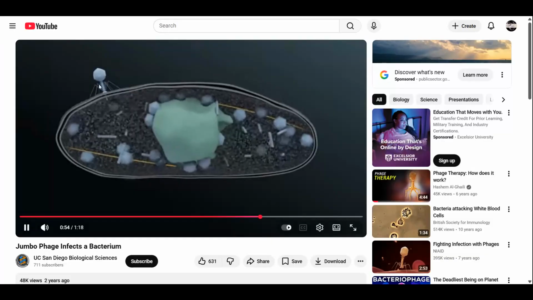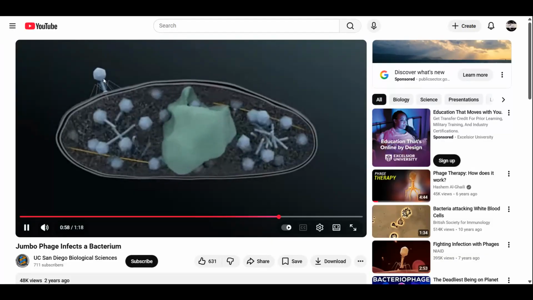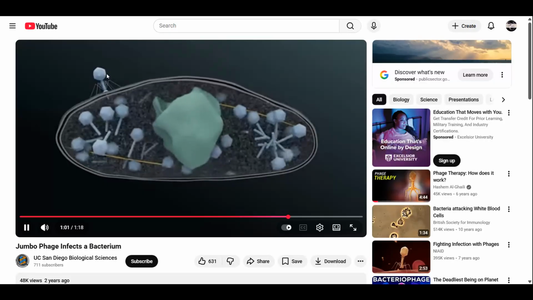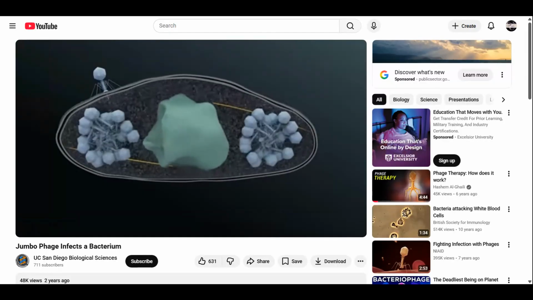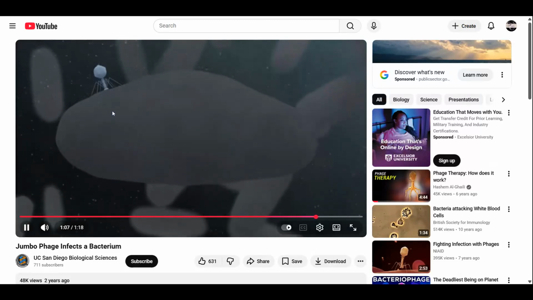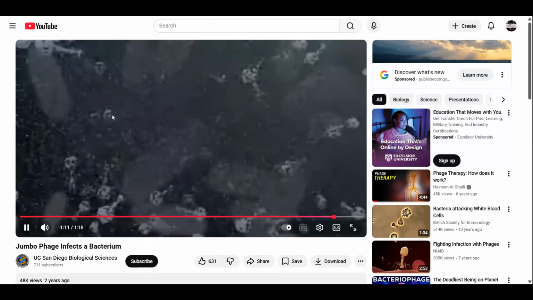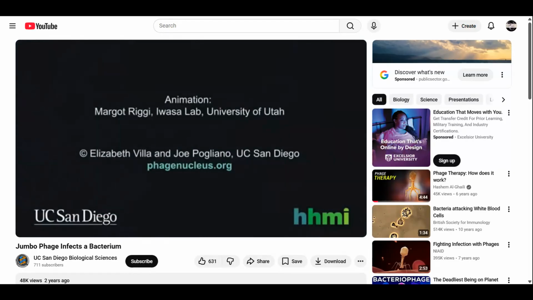I had never seen this before I made that prediction. Why isn't this thing going away? It's literally waiting for this thing to be destroyed. It attached to this thing until it destroyed it. Oh my God, that makes me so emotional.